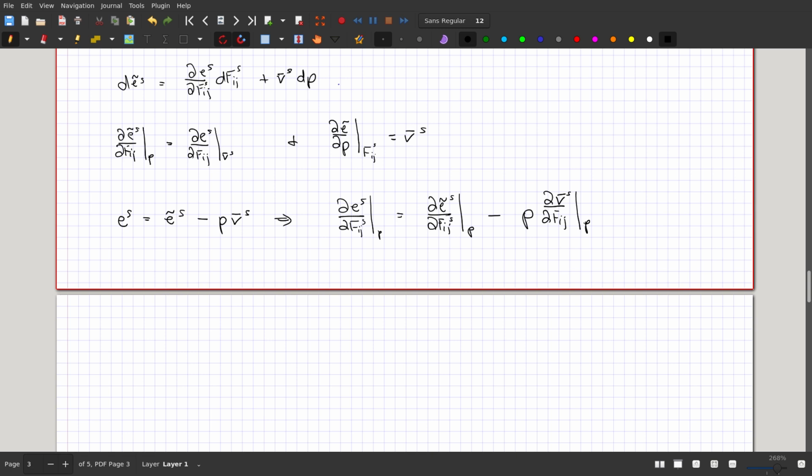Okay. Now I'm going to multiply this equation through by the reference density of the solid.